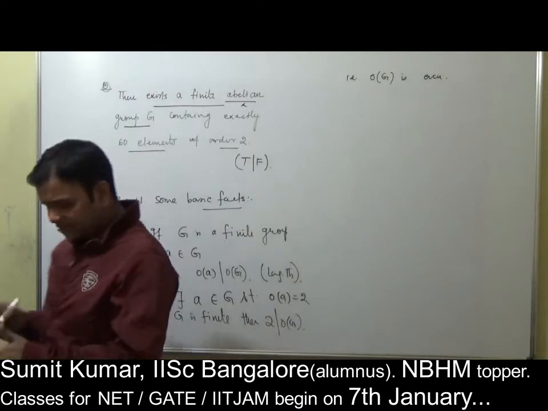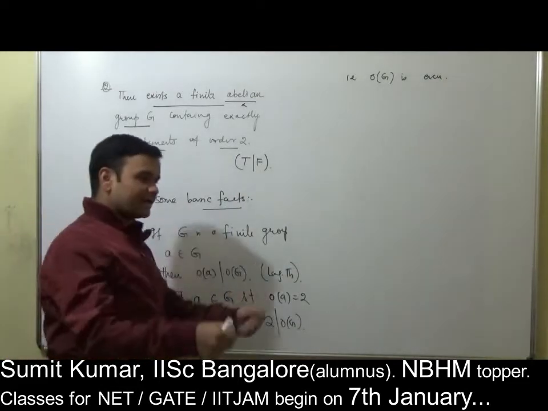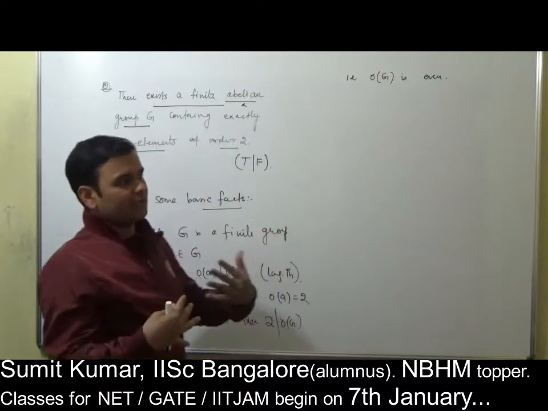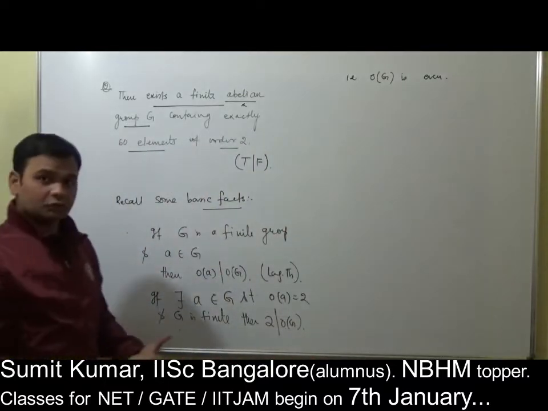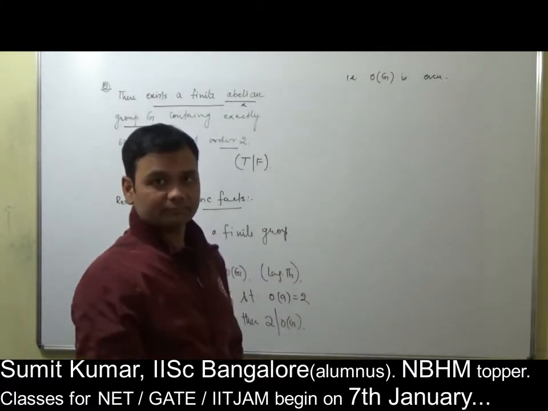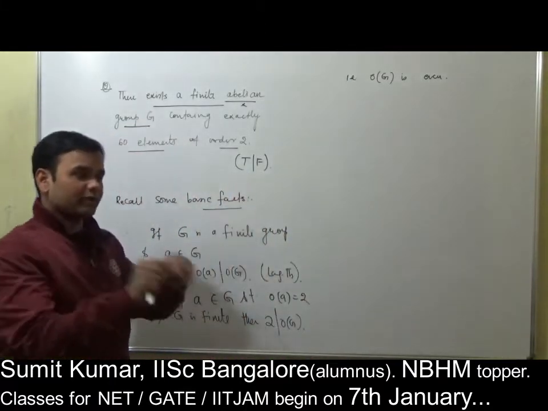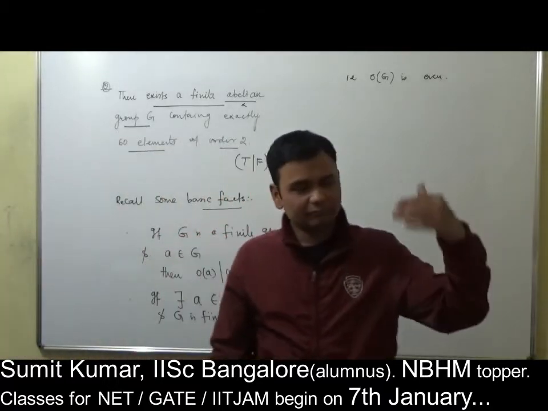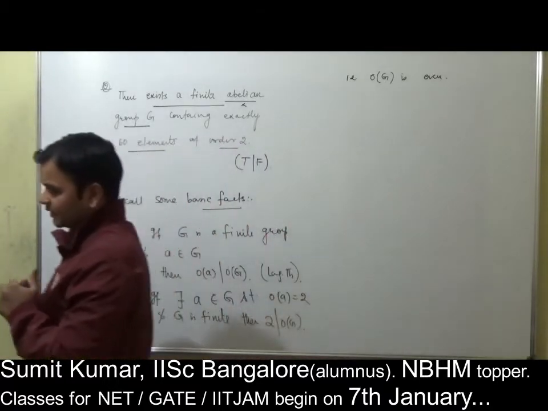Simple. That means to look for a finite group having elements of order 2, you just have to look at groups whose orders are even numbers. You don't have to look at a group of order 27, or a group of order 101 and so on.